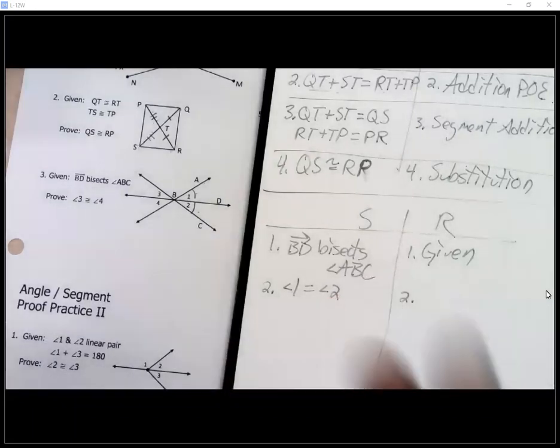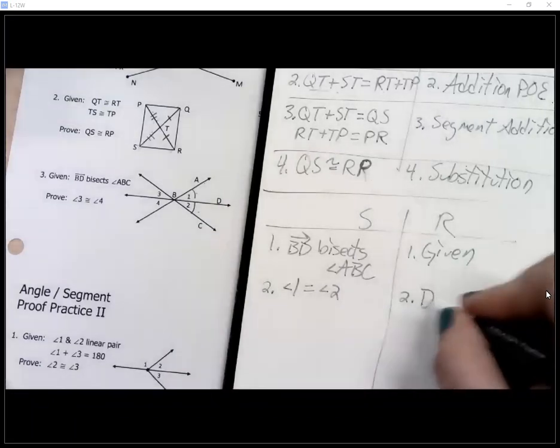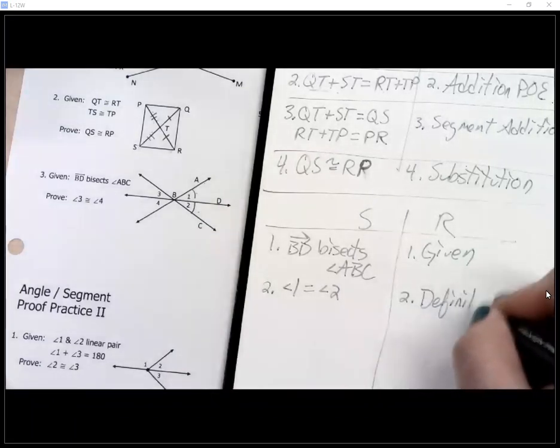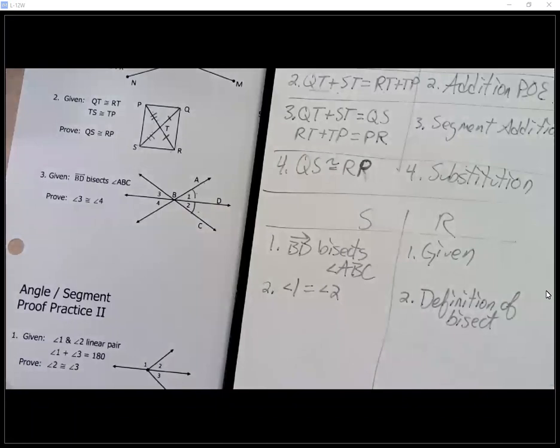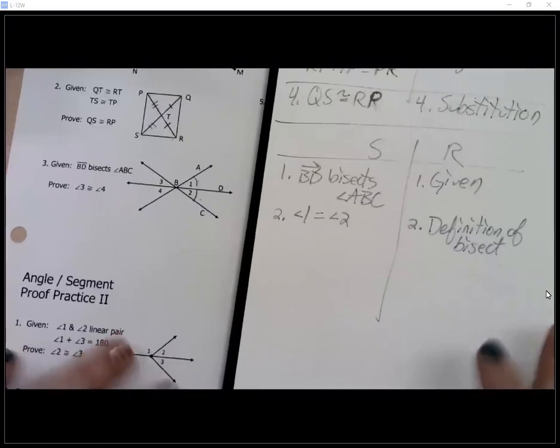Literally, you're using the definition of bisect. That word bisect means something, and its meaning tells us that those 2 angles are going to be equal to each other.